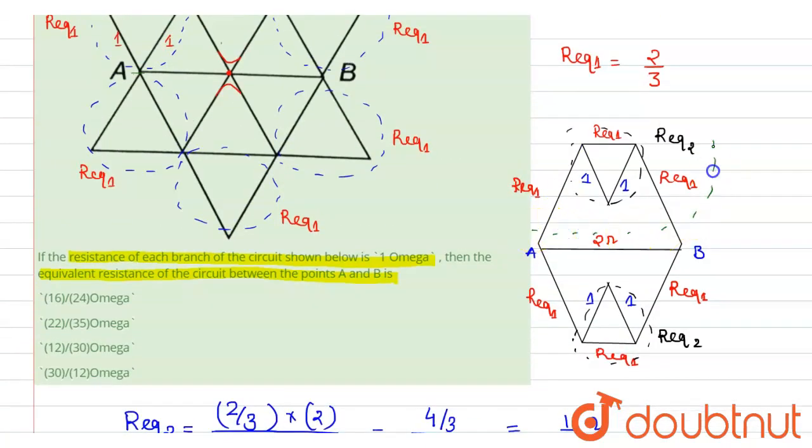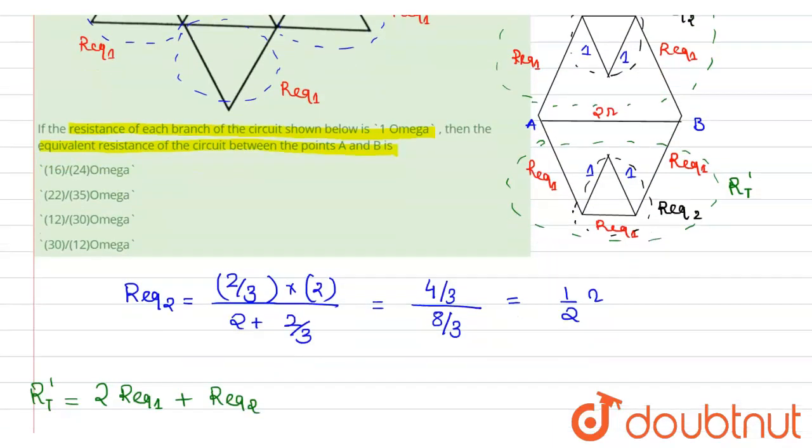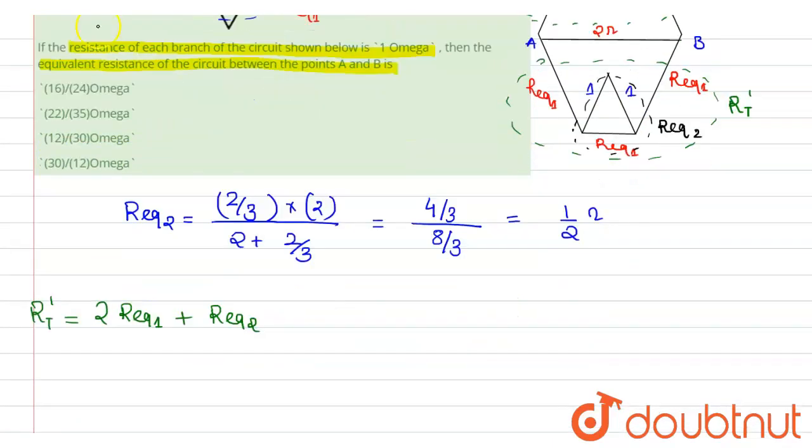This whole arrangement, and also this other arrangement, so it is RT dash as well because they are similar. So RT dash will be 2 into R equivalent 1, which is 2 by 3, plus R equivalent 2, which is 1 by 2.